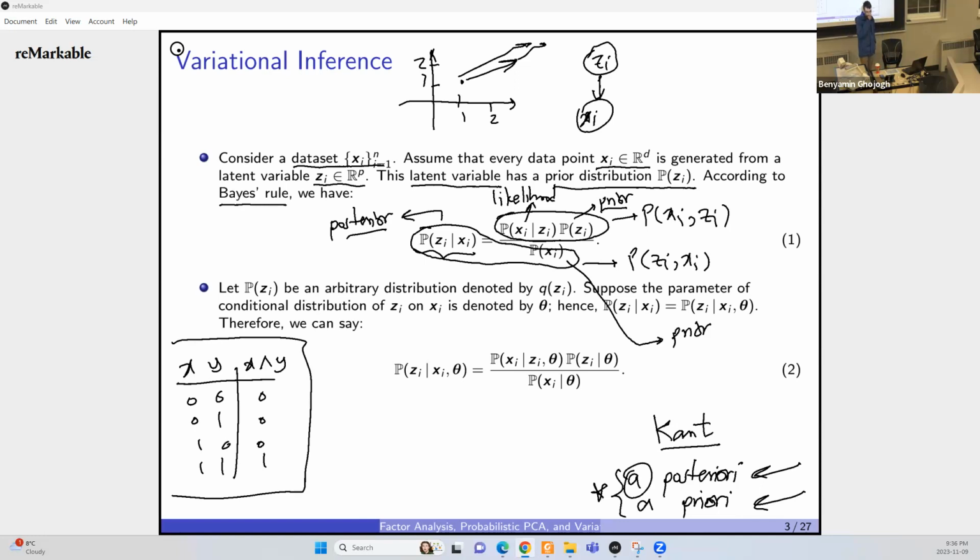In epistemology, we have a posteriori, a priori. I will tell you what these are. We also have synthetic and analytic. 2 times 2, 4 cases. So we have synthetic a posteriori, synthetic a priori, analytic a posteriori, analytic a priori.